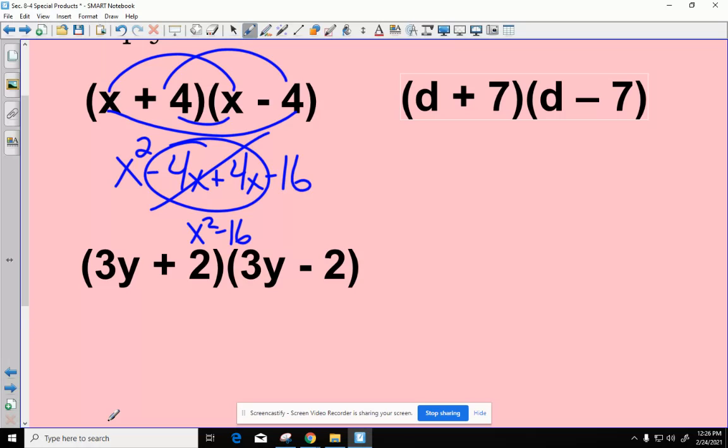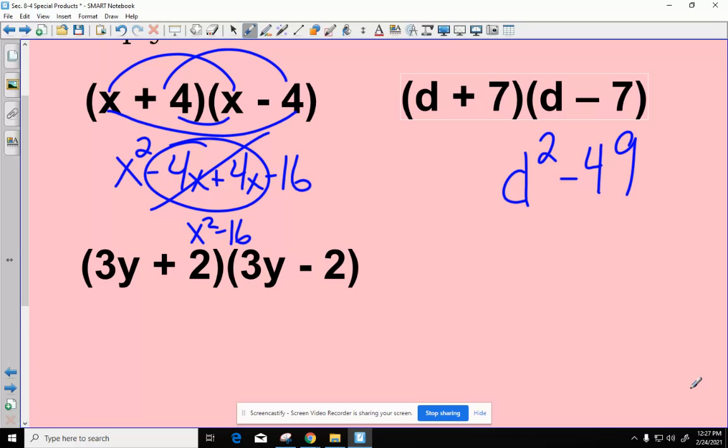So as I look at this one here and say, wait a minute, those two factors are the same, one positive, one negative, my final answer should be d squared minus 49. Now, you want to put plus 7d and minus 7d in the middle and then cross them off? You can, but if you recognize it, you don't have to. Okay, you have a question? Yeah. So in the formula we used, it was a squared minus b squared.